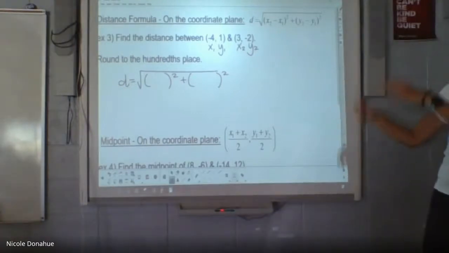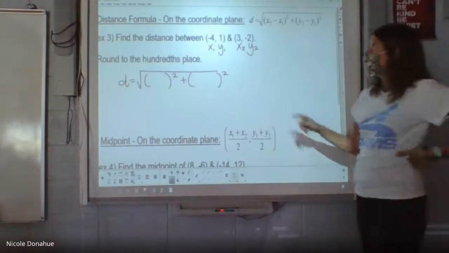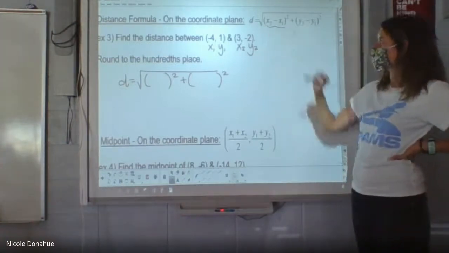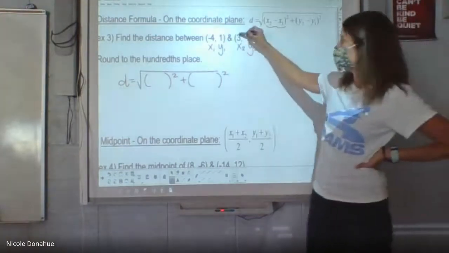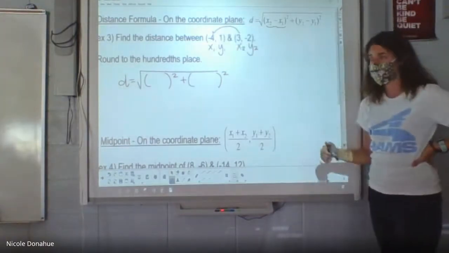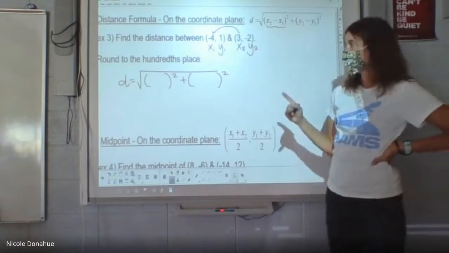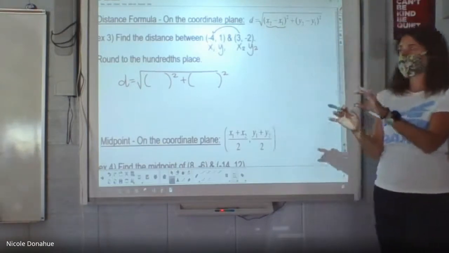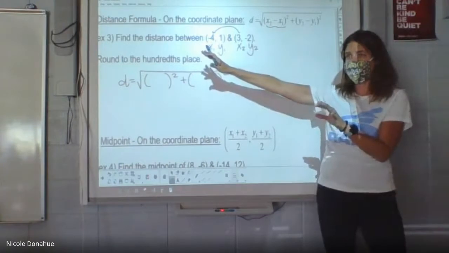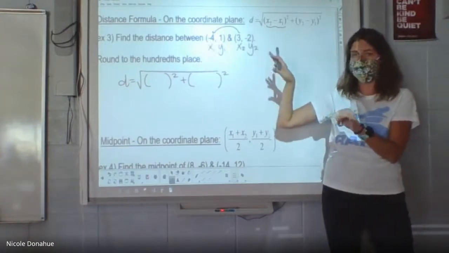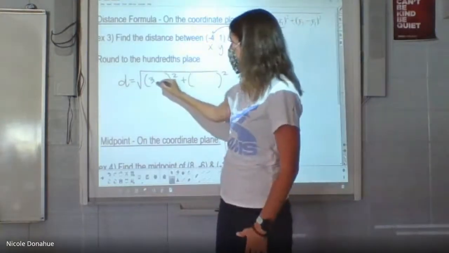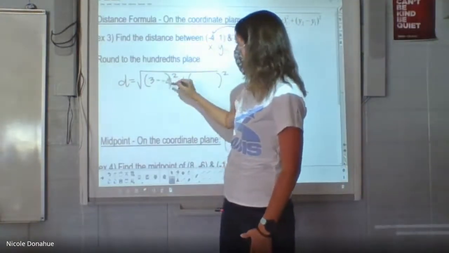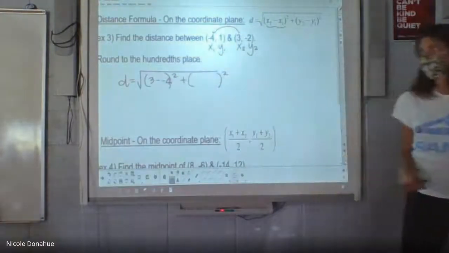It's going to have this set of points here, or this kind of outline. But in the formula, it's asking me to subtract the x's, x2 minus x1. So I'm taking this and subtracting that. And I have to go in the same order each time. So if I decide to go this way, I have to subtract both of them that way. If I want to subtract the other way, I have to be consistent. So I'm going to do 3 minus a -4. We'll talk about that double negative in a second.